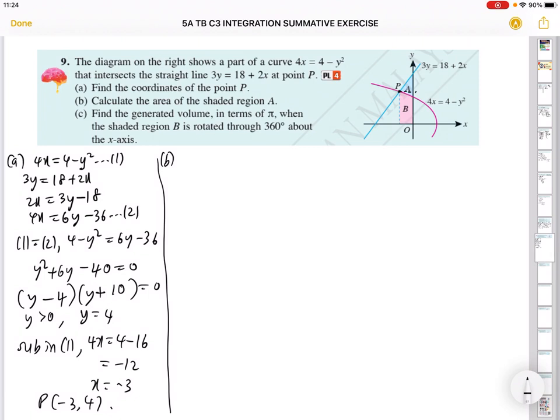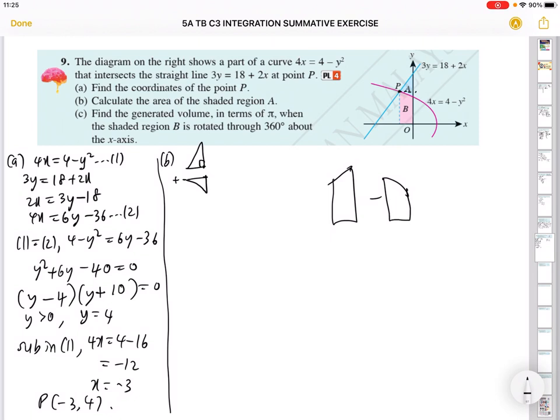So for part B, finding the area of the shaded region A, you can see it actually consists of a triangle like this, plus the integration. Here I prefer to integrate with respect to y instead of x, because with respect to x we have to take the trapezium minus this integration, whereas with respect to y, we take a triangle plus this integration.